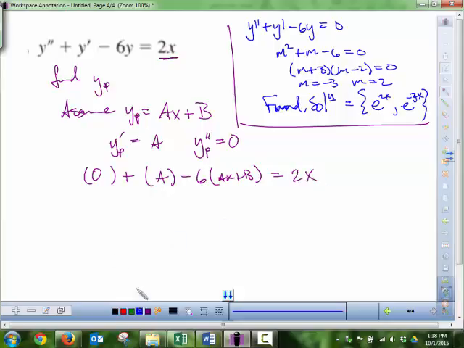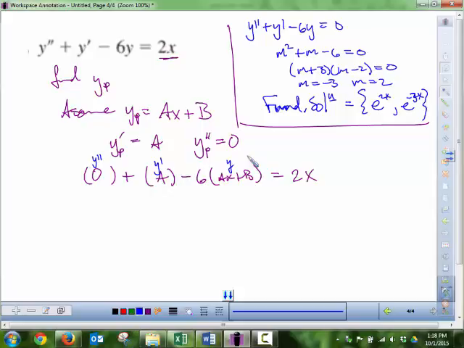From our differential equation, we replace the second derivative, the first derivative, and the original function with our particular solution guess.